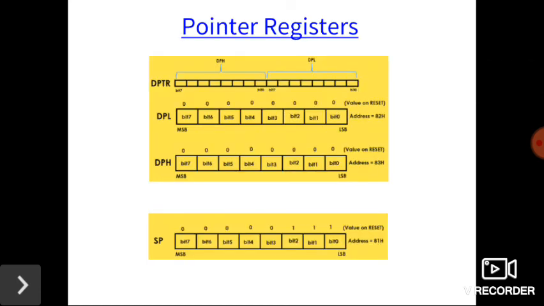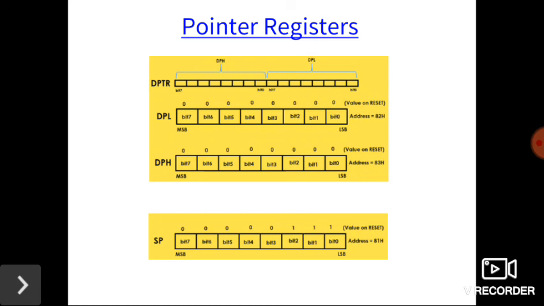The next one is the pointer register. First one is the data pointer, DPTR, shown in the figure. DPTR is split into two, DPL and DPH. Totally, the data pointer is a 16-bit register, physically the combined DPL and DPH.